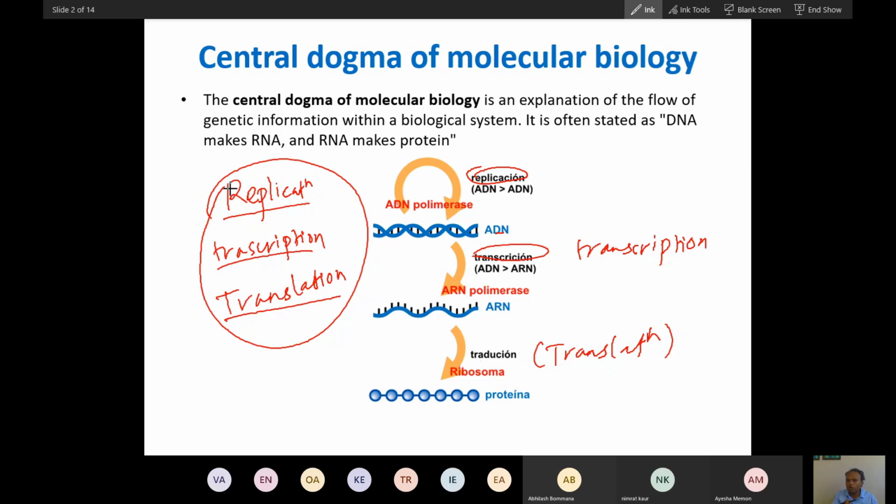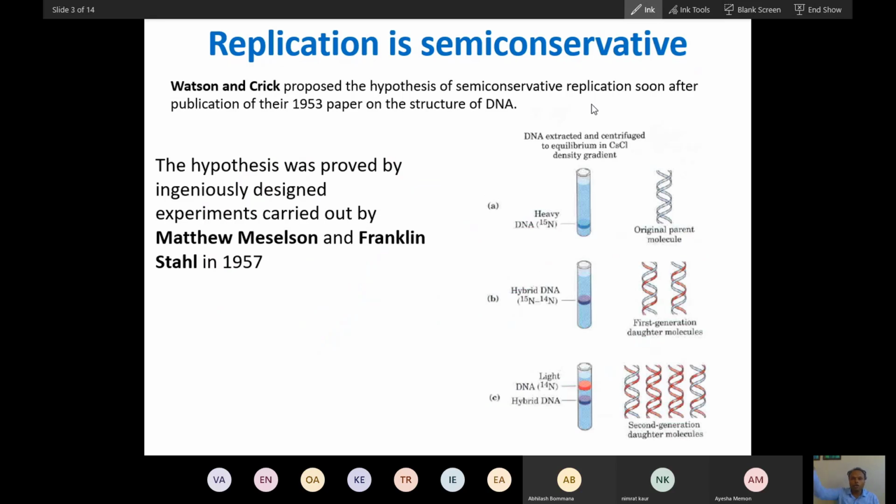Replication; when RNA is synthesized from DNA, this is called transcription, and when protein is synthesized from RNA, it is called translation. The whole process is called the central dogma. Remember this. Now we will talk about replication.